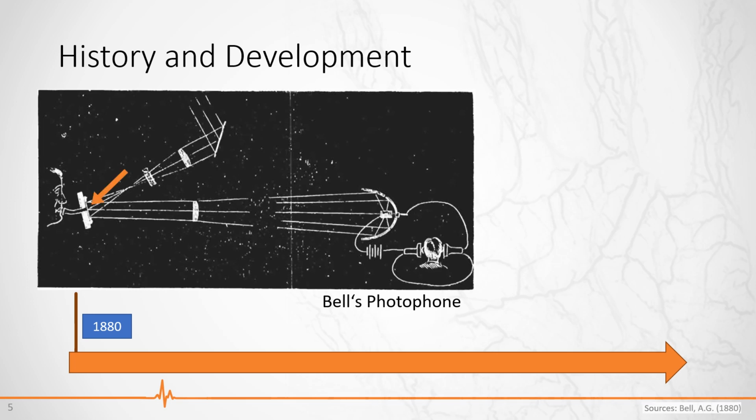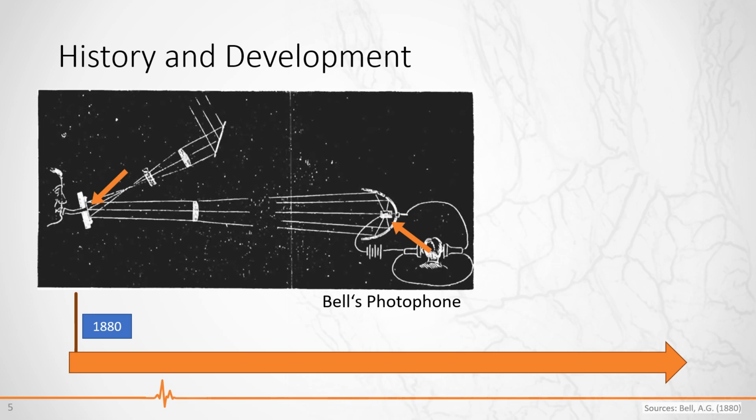Here on the left, a light ray is modulated by a mirror which deforms due to the pressure waves of the spoken words from the first person. Here on the right, the light hits the receiver.